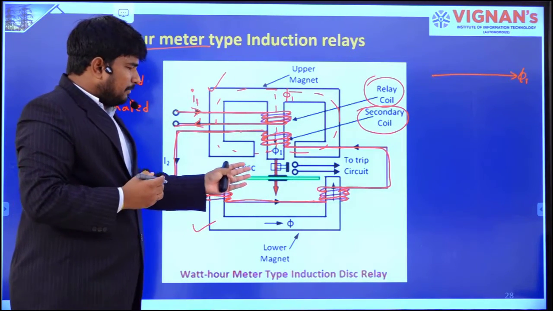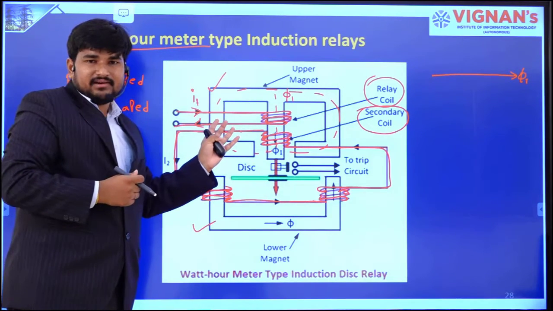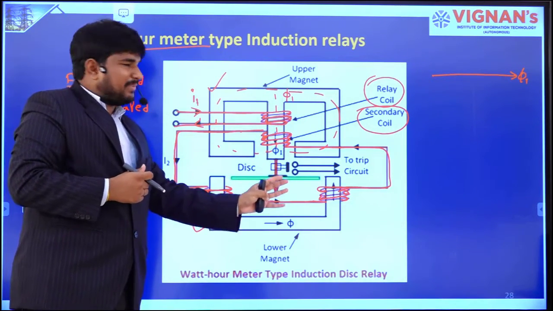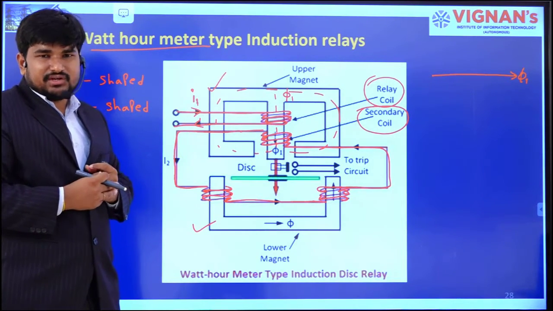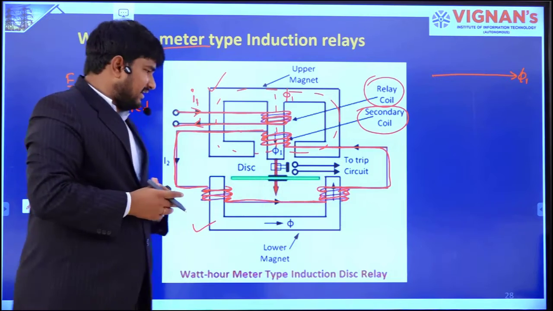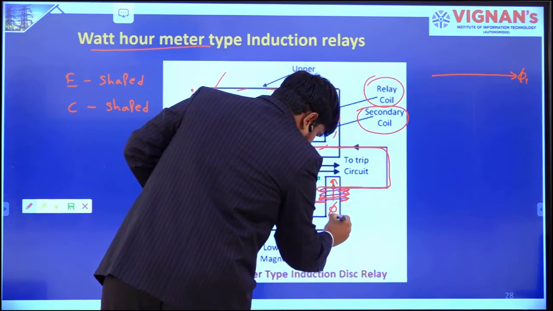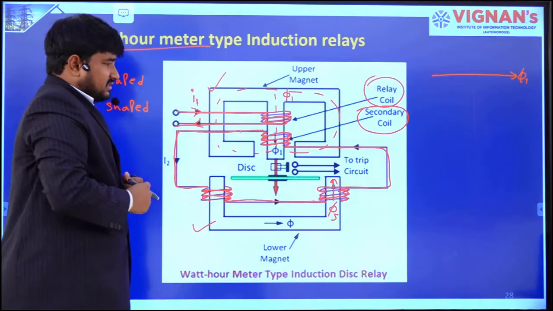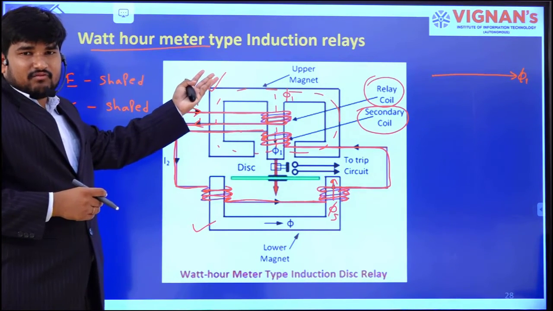And because the secondary coil is a closed one, because of this induced EMF, a current will also be induced, hence a flux will also be induced. That is the secondary flux phi s. It is similar to a watt-hour meter only.